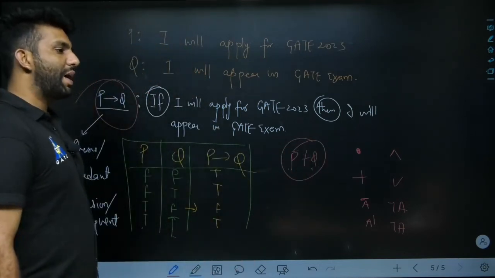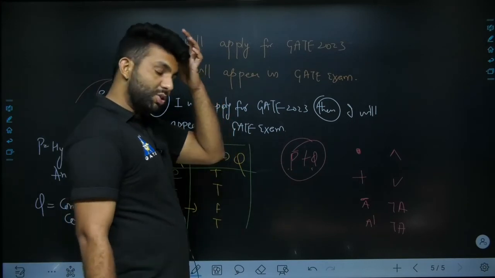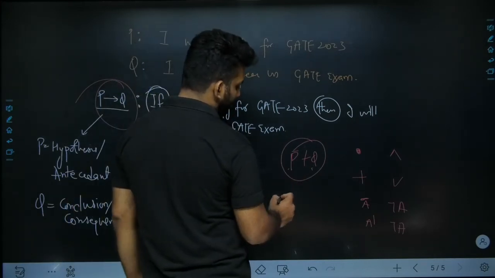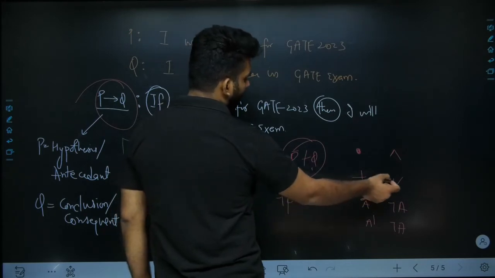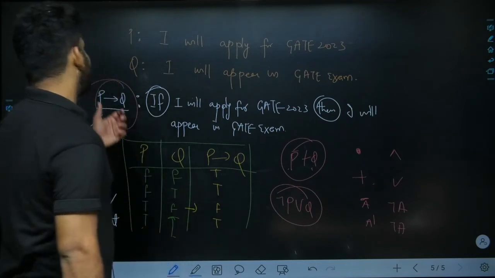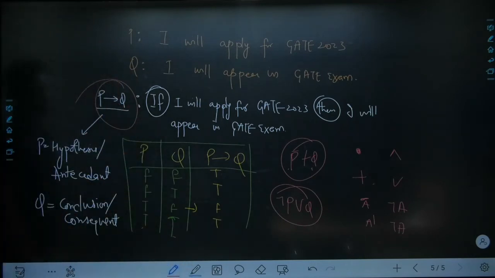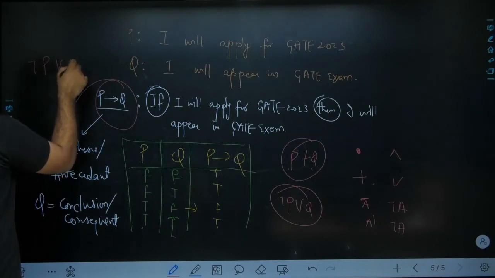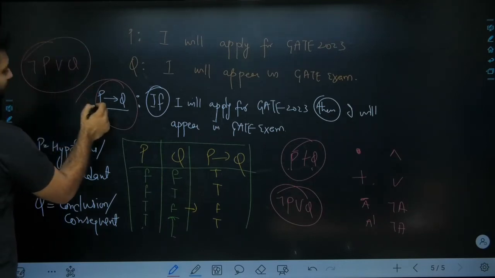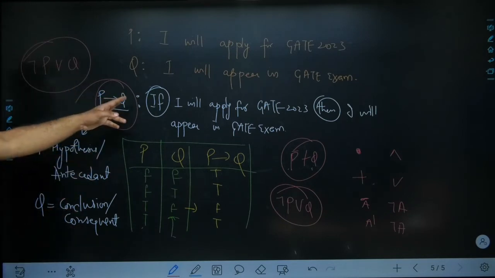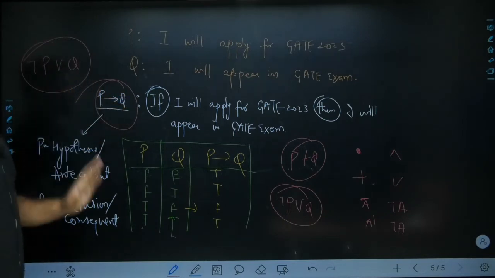Just remember, as you have this digital logic expression, similar to this we have a proposition expression: negation of P or Q. This is the other expression for P implies Q, which you should remember. It also means negation of P or Q. Negation of the first, Q as it is, and in between there will be OR.